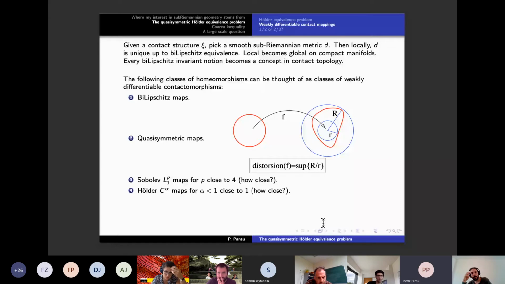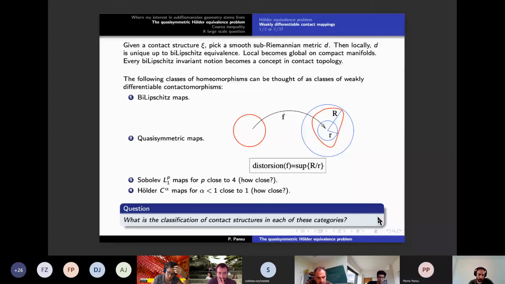So we are wondering what is the classification of contact structures in each of these categories. I've seen that you've discussed the case of the bi-Lipschitz category already at length. Well, I like the quasi-symmetric category, as you have guessed, and also the Hölder, and the only result I can state and prove for you today deals with the Hölder case.